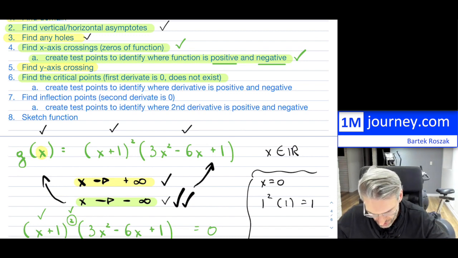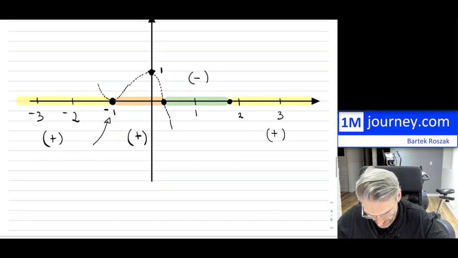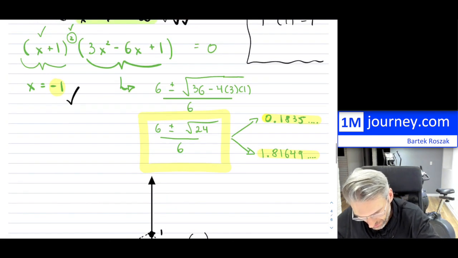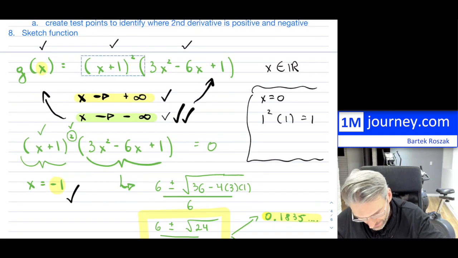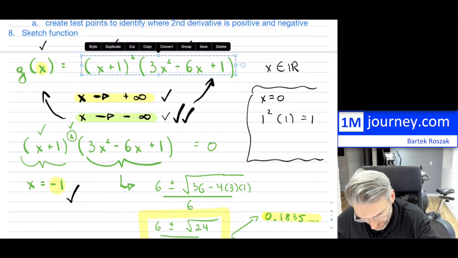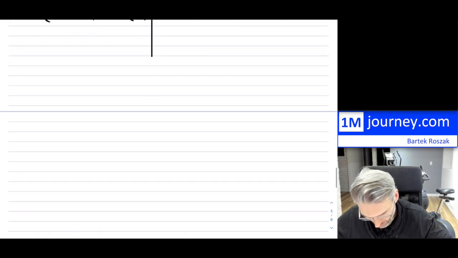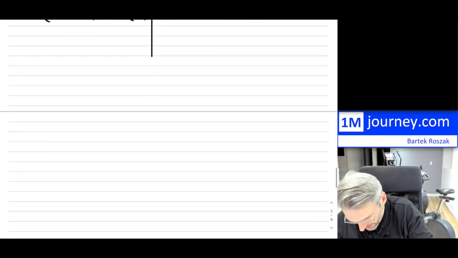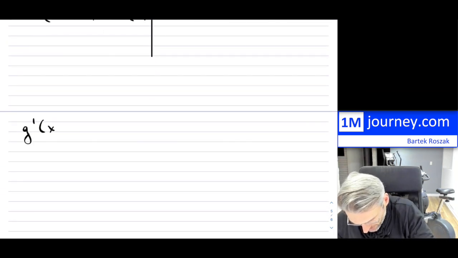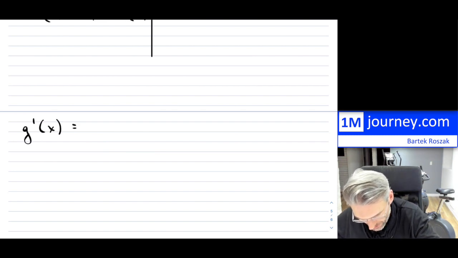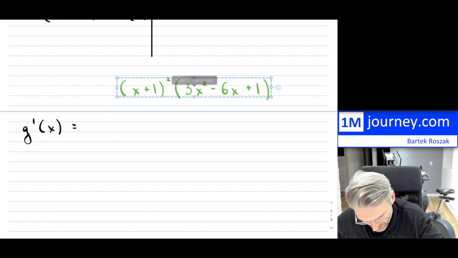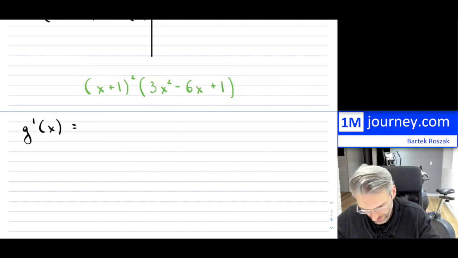Now, that first derivative is going to be annoying because my function isn't very nice. So let me copy it, and we're going to take the first derivative. I'll put it down here.